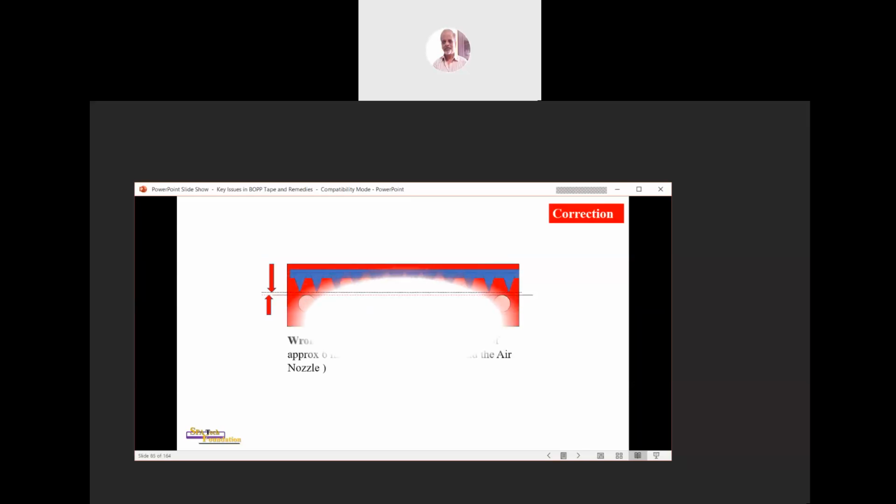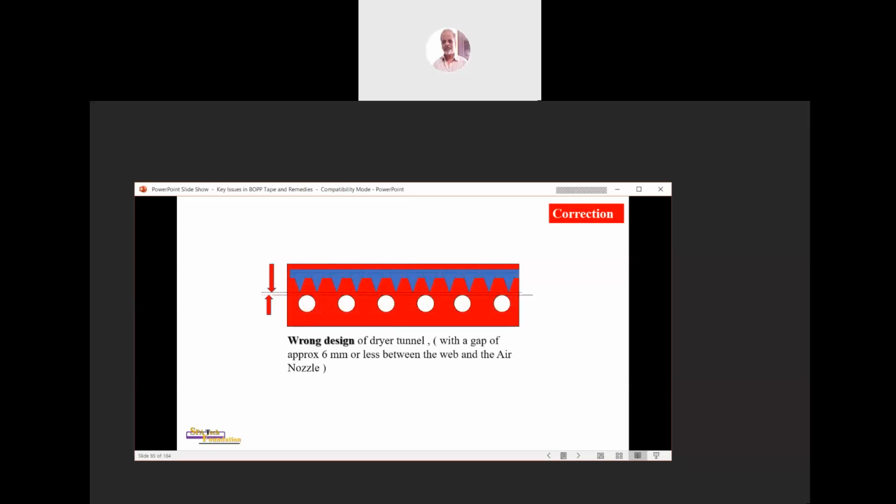Here is another design. Here you will see the gap between the hot air nozzle and the web is hardly 6 mm. This is also a wrong design, considering that the hot air is blown at a speed of nearly 1500 cfm.